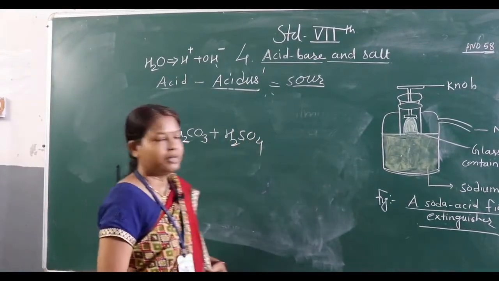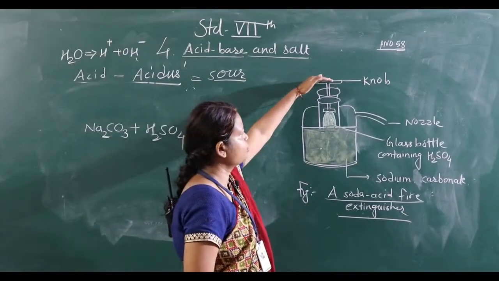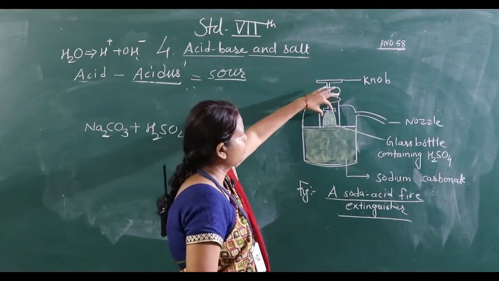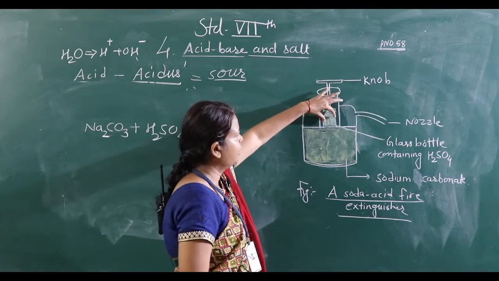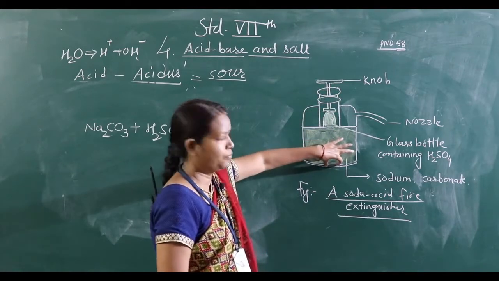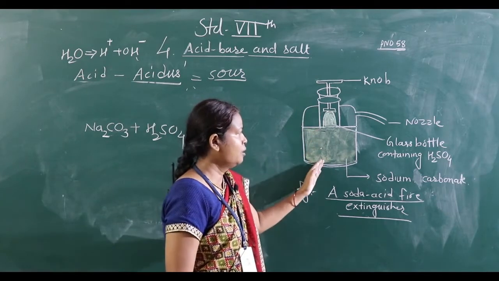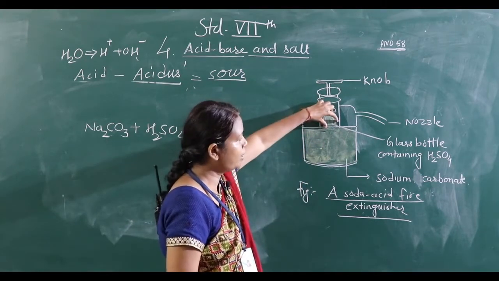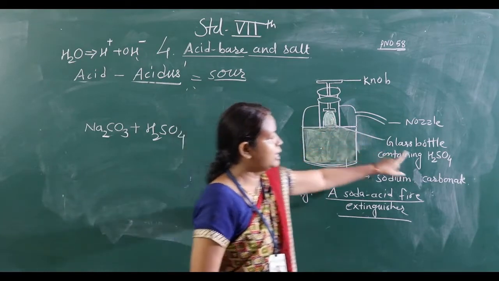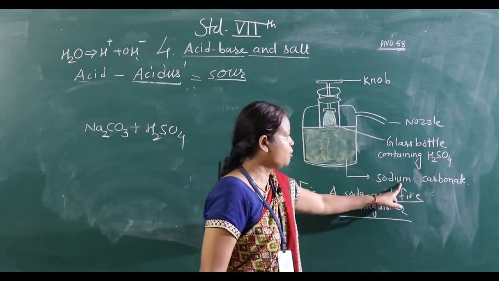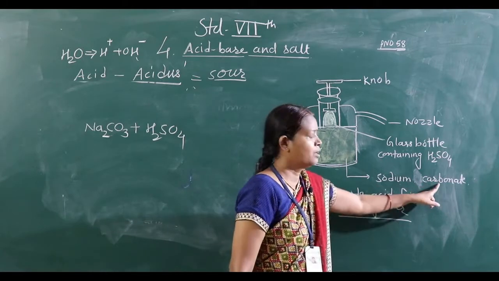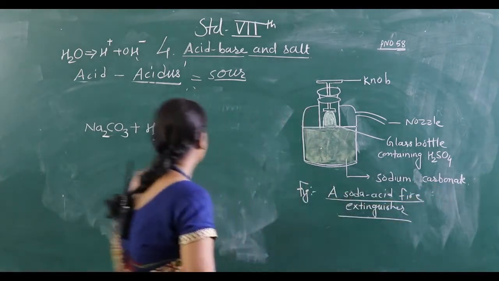So what happens when we press this knob? The head of this small bottle touches the bottom of the big bottle and it breaks. After breaking this small bottle, the sulfuric acid solution comes in contact with the sodium carbonate solution.